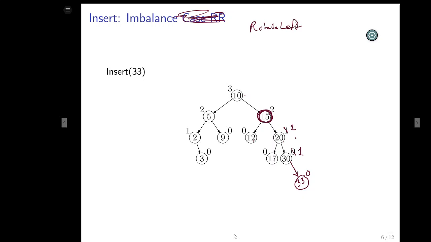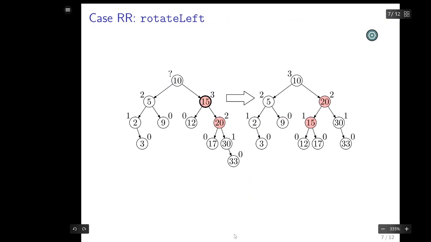So it's a single rotation, because this path that we followed from where we inserted, the first 2 steps of that path go to the right. So that determines which rotation we'll use. So rotate left.